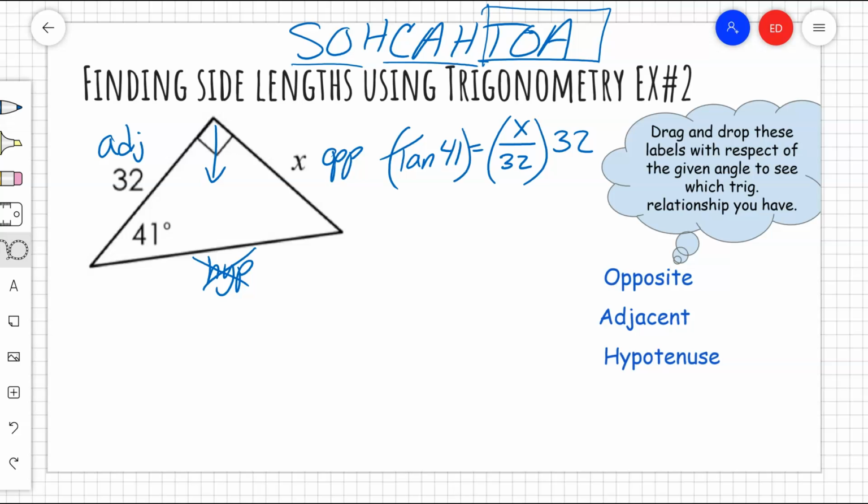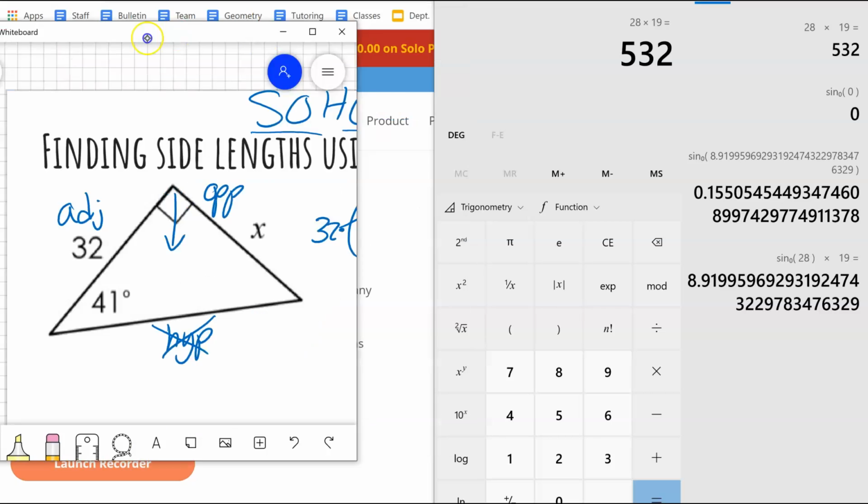32 times tangent 41. Just remember, tangent 41 is a number, and we can figure that out. On this side, this all becomes 1, and we're left with x equals, well, let's go ahead and figure that out.